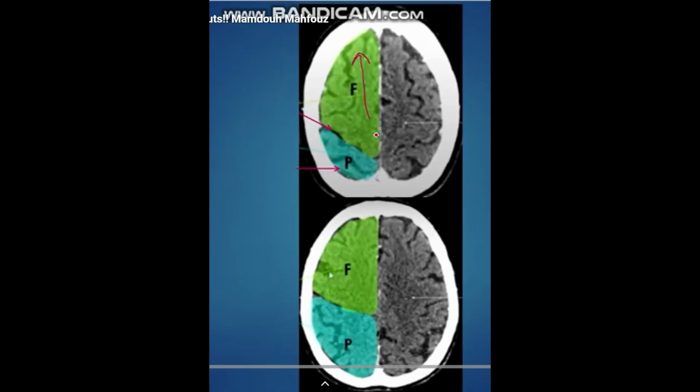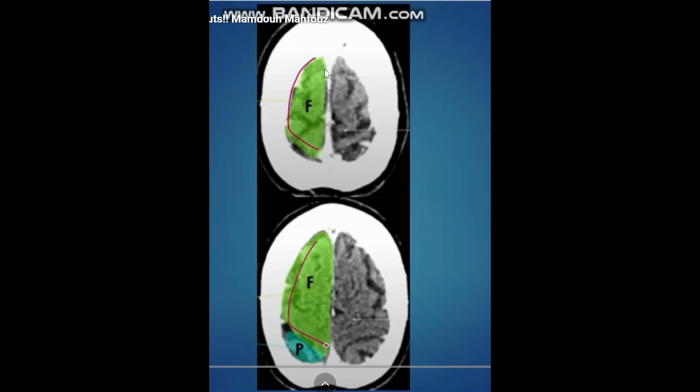We also need to talk about the brain lobes on CT scan. In the most superior cuts of CT scan, only the frontal lobe will start to appear. So this is the frontal lobe, okay?